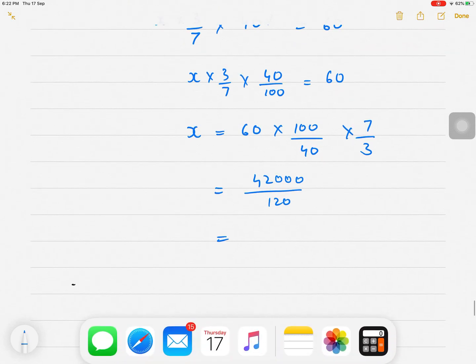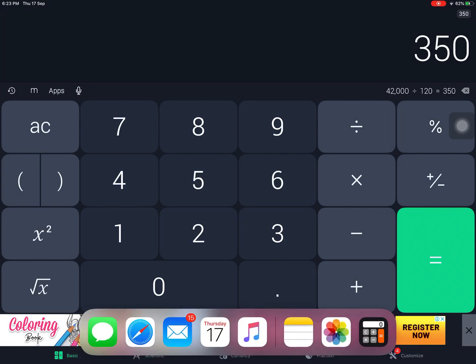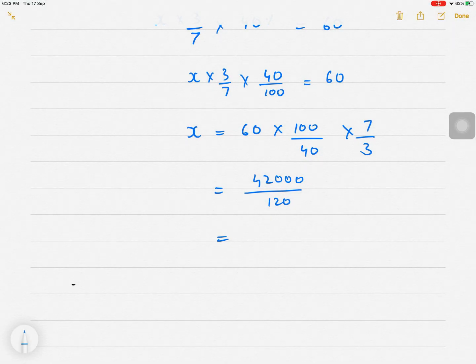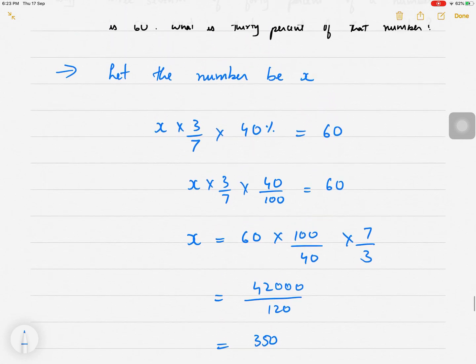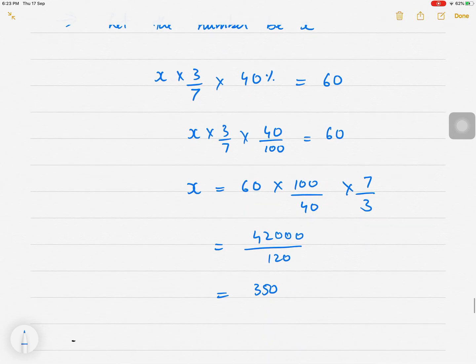So 42,000 divided by 120, which is 350. So the number is 350. Number is not asked. Okay. So x is equal to 350.